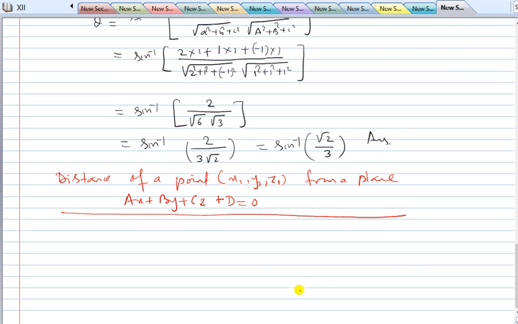So the concept is very simple. Here you see, if I take a plane, and here in this plane I have a point outside this plane. Okay, let us see.